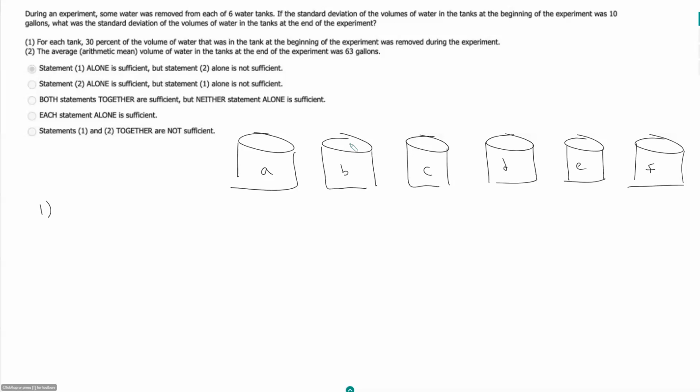Statement 1: for each tank, 30% of the volume of water that was in the tank at the beginning of the experiment was removed during the experiment.